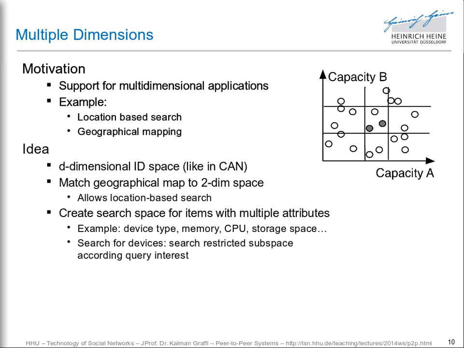And the idea is that we can create a d-dimensional ID space like we did in CAN and match a geographical map to a two-dimensional space. This allows a location-based search, and we can create a search space for items with multiple attributes. For example, we can use the device type, memory, CPU, storage space.